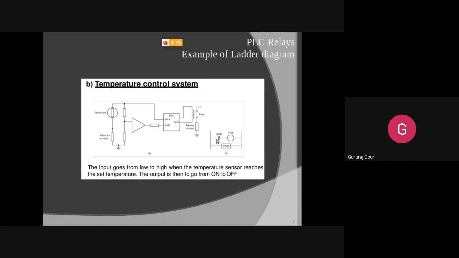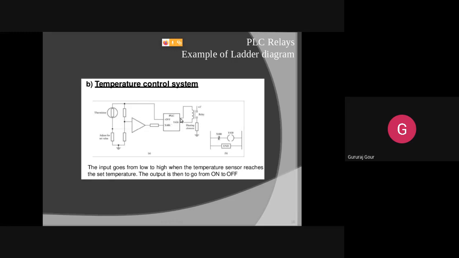So another very good example is this temperature control system. Again, the same PLC block will be there with plus 24 volt. Input we can see we are getting here with the help of some rectangular box that is reserved for some instruction here. With the help of some instruction, it is coming as input and reaching at X400.